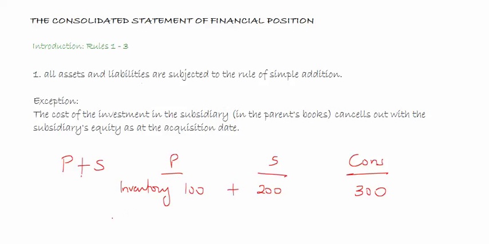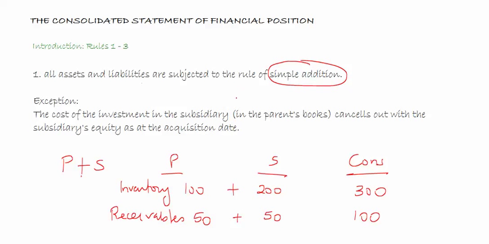Let's try with something else. Let's try receivables. If the parent has receivables of 50, the subsidiary has receivables of 50, then the consolidated one is 50 plus 50 to give you 100. So that is what we mean by the rule of simple addition.